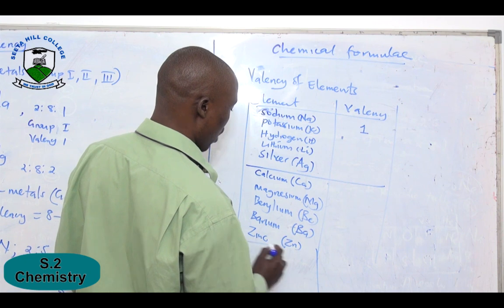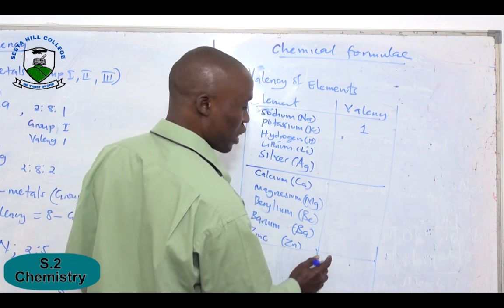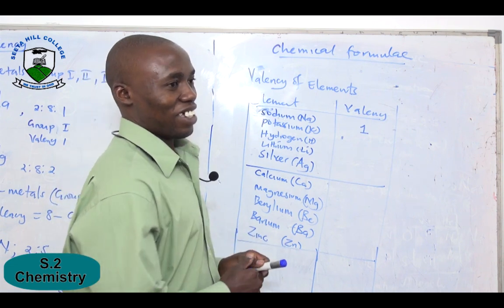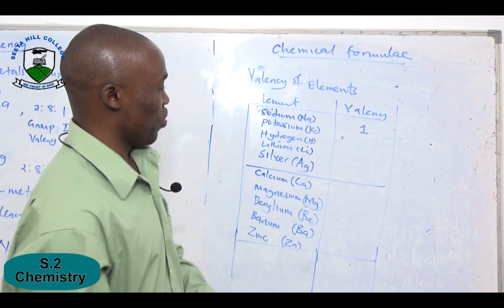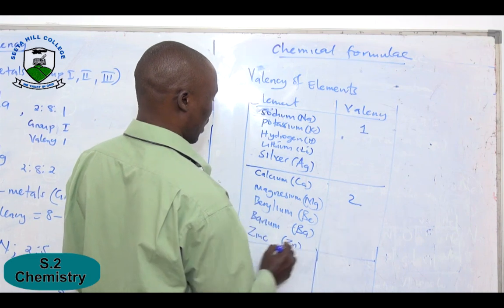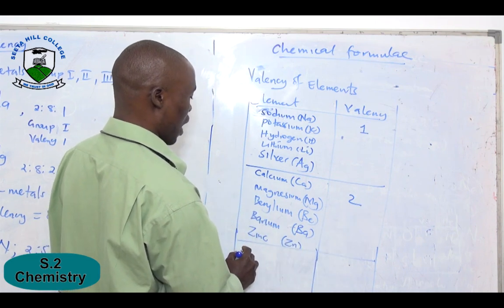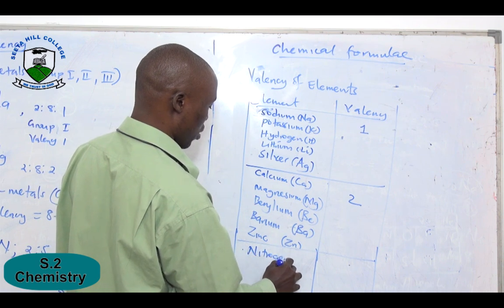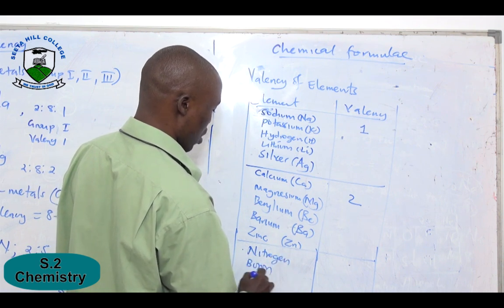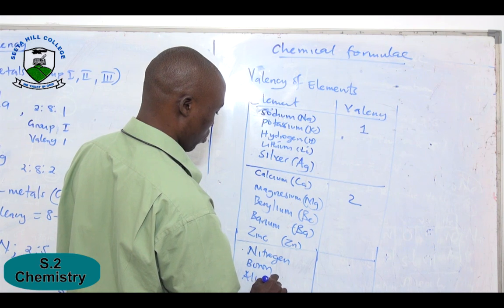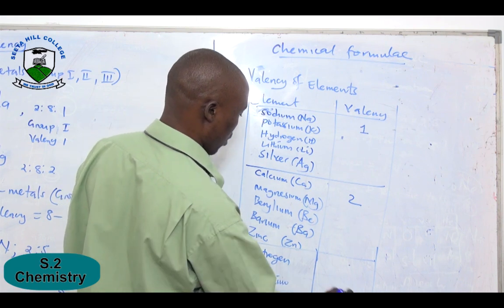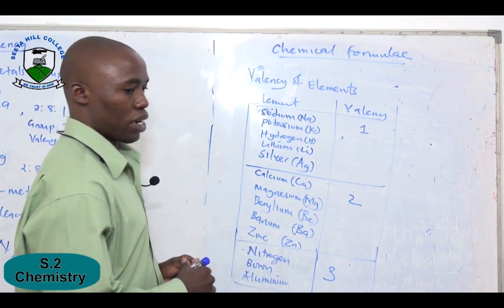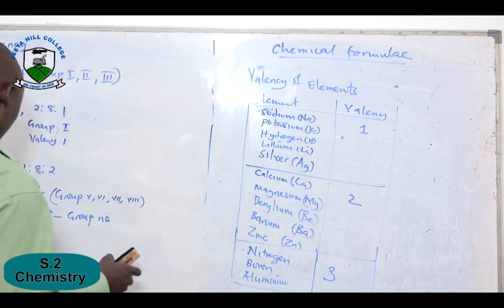Some elements now will have more than one valence, as we shall see. These ones have what? 2. Those that have 3: nitrogen, boron also, aluminium. Yeah, these are 3. Now I'm going to valence of radicals that will throw us very, very fast.